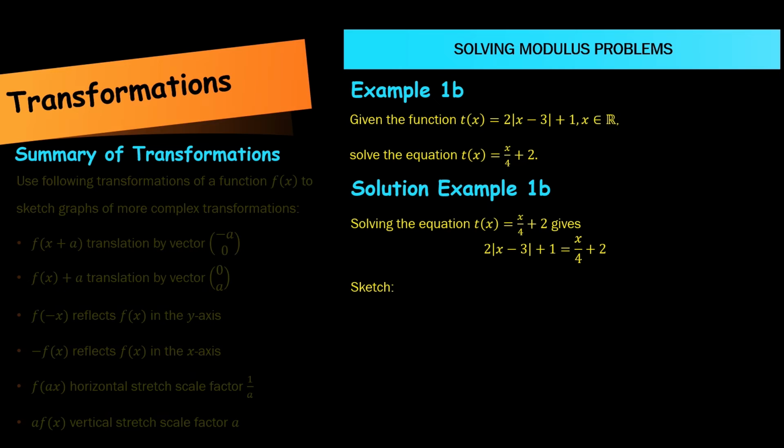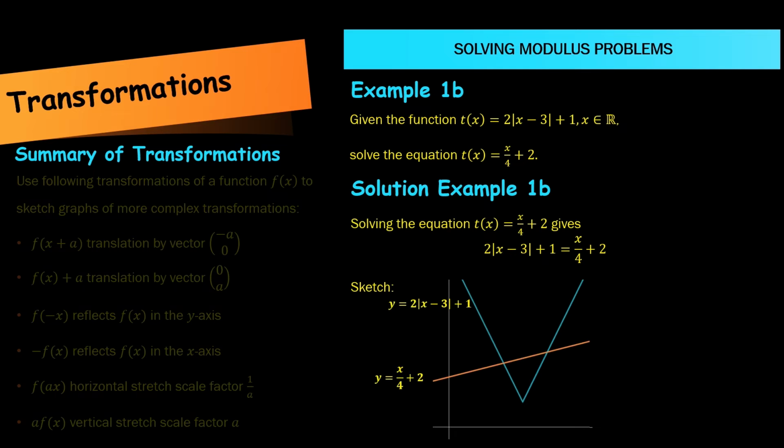We begin by sketching this. So 2 mod x minus 3 plus 1 equals y looks like this, and y equals x over 4 plus 2 is mapped on top of this and looks something like this. We are looking for the intersection points of the two functions, or the intersection points of the two sides of the equation.